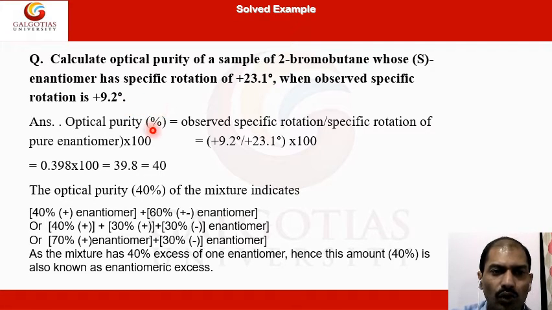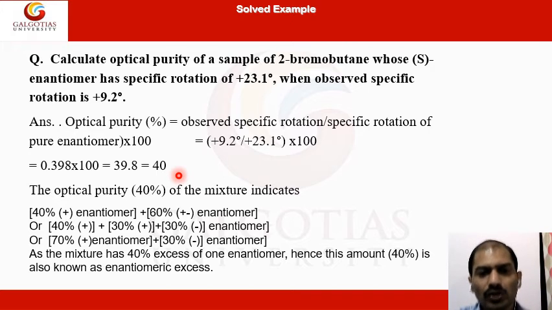You all know optical purity; you might be aware of this simple relationship from your previous lectures and classes. Optical purity is represented by this equation: optical purity equals observed specific rotation divided by specific rotation of the pure enantiomer, and once you are calculating in percentage you have to multiply it with 100.